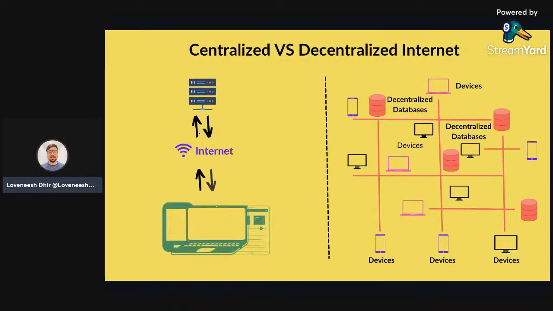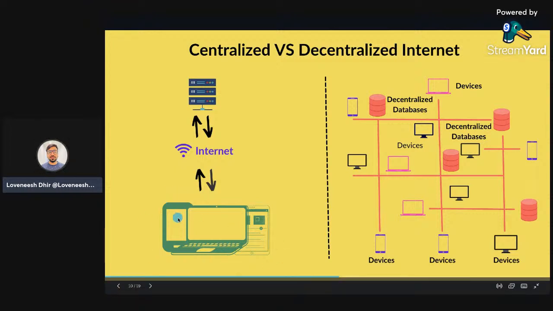Here is a pictorial representation of how centralized and decentralized systems appear in place. In this centralized system, these are the servers, and these are the users' devices.